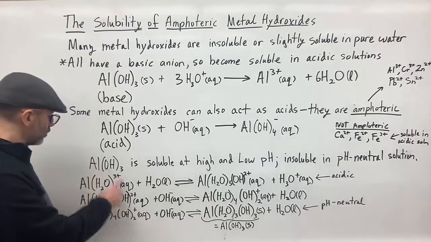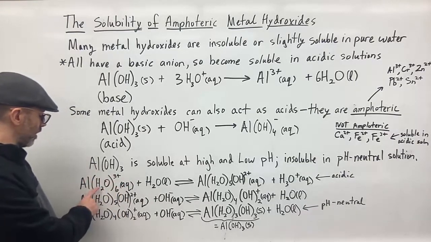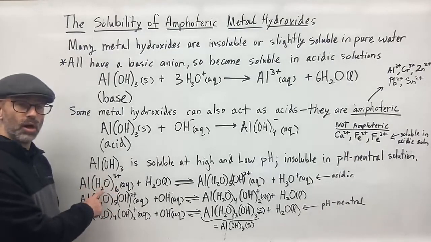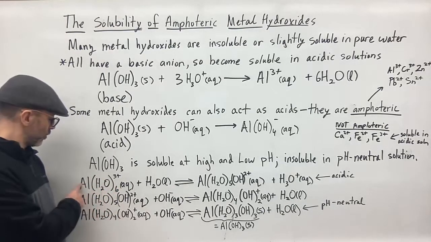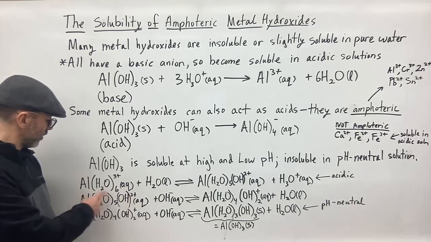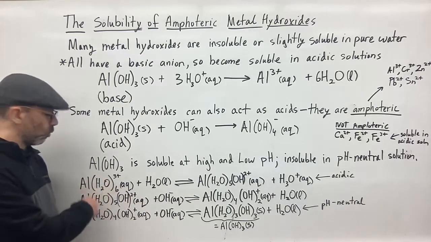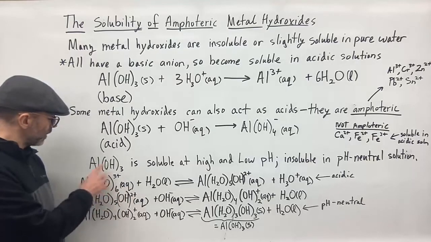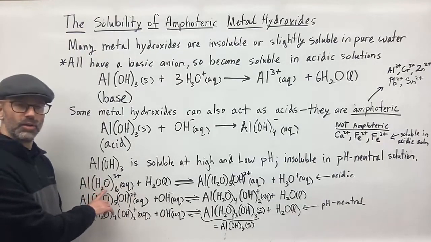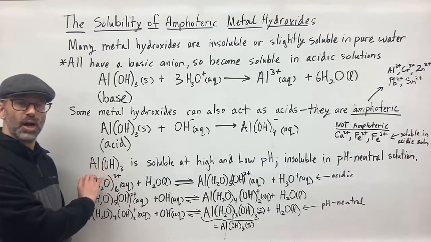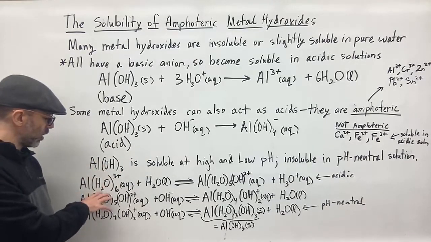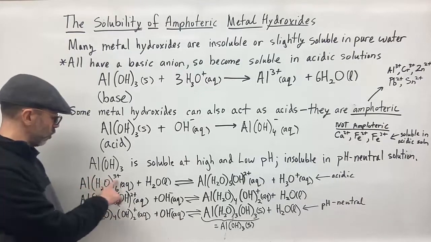So this starts off as an acidic solution because the aluminum will complex with the water molecules. And so you get this ion complex here with aluminum, and you've got 6 water molecules as ligands. And so because of this, one of the water molecules will tend to give off its hydrogen.